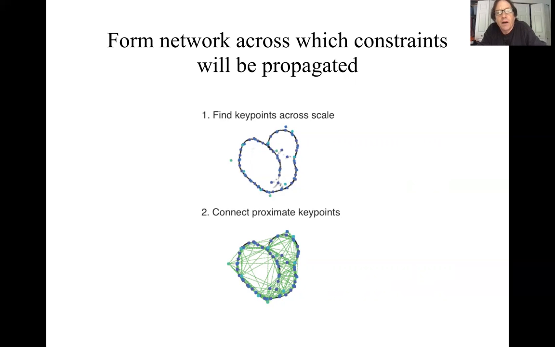So we found key points in a mechanism similar to the SIFT features to find special locations or key points across scale and position. And so here's an example of the different key points that were found, and they're color coded by the scale according to the color and by their position.